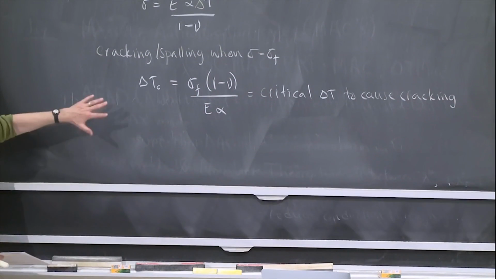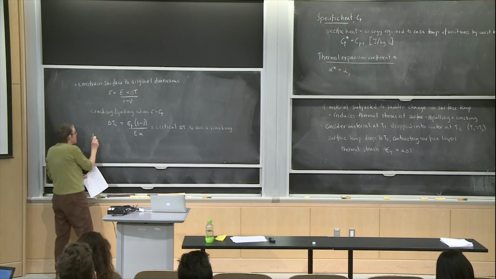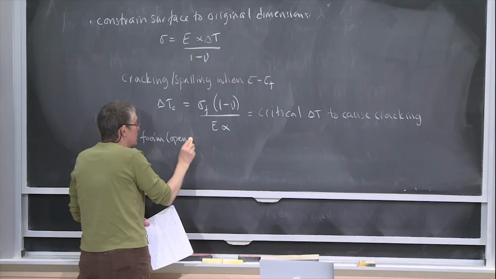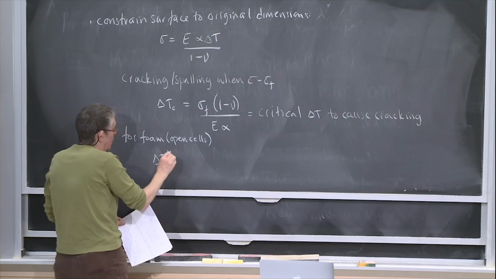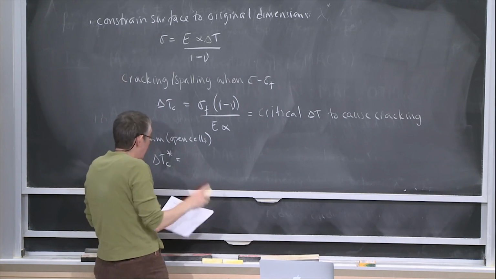So now what I can do is substitute in there for what you would have for the foam. And I'm going to do it just for the open cells, just because it's easier to write the equations. So for the foam, I would have some sort of fracture strength.